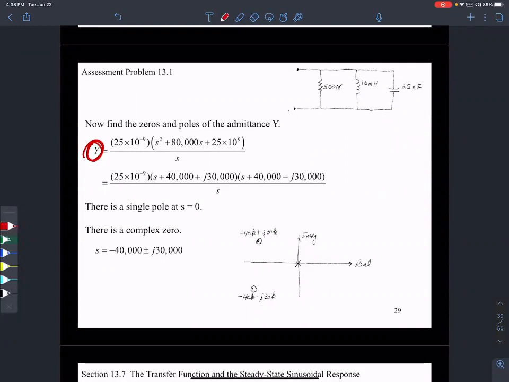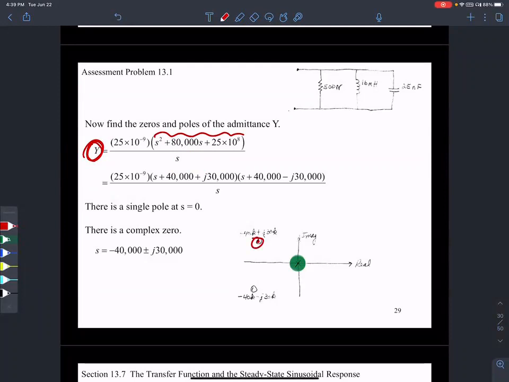From there, the admittance has this form. You can see that in the denominator there's only one S term, which corresponds to the pole at 0. Whereas there are roots of this quadratic in the numerator. The roots of the numerator are called zeros.